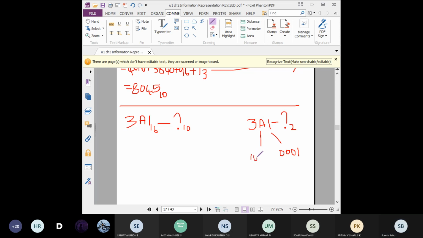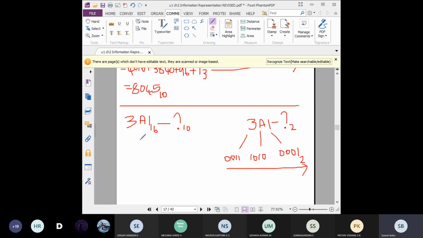Then 3's equivalent is 0, 0, 1, 1. If you combine everything, it will be the equivalent binary number. Combine means you just write it as it is without any gap: 0, 0, 1, 1, 1, 0, 1, 0, 0, 0, 0, 1. That's all. Very easy.